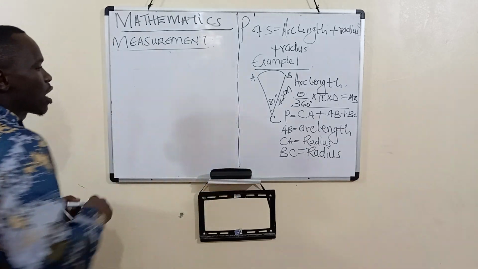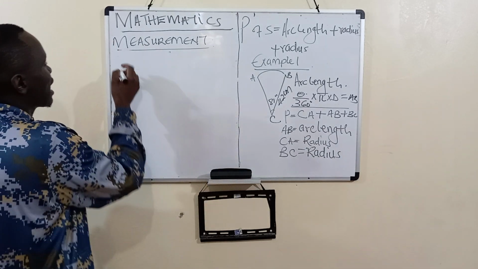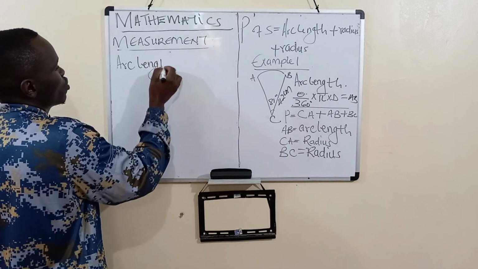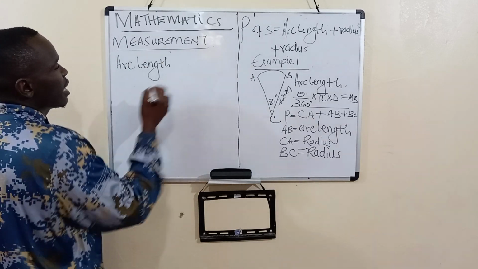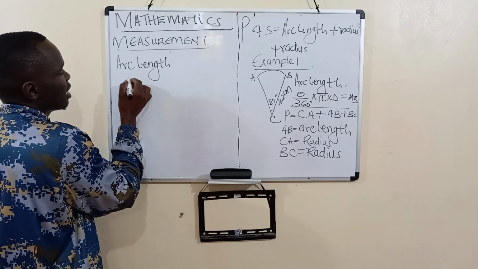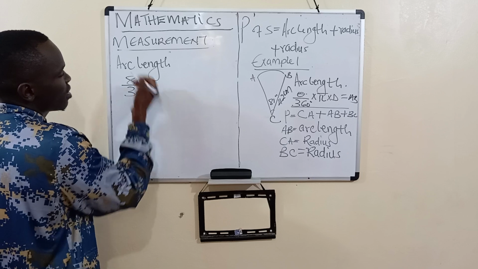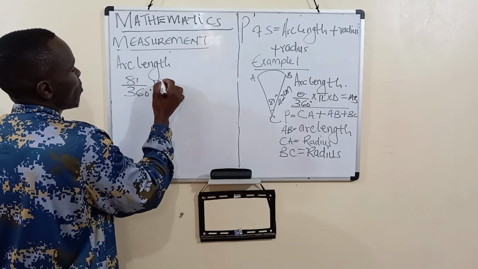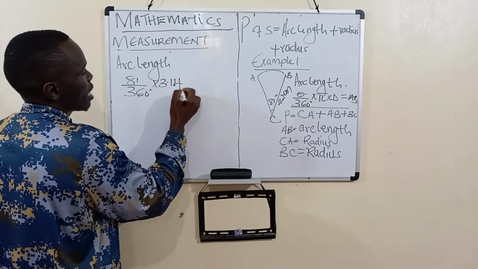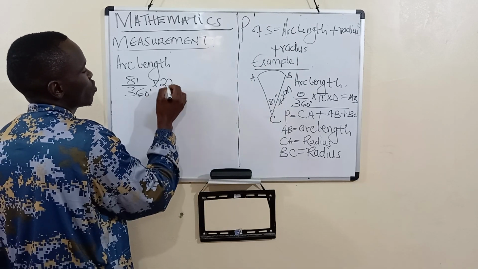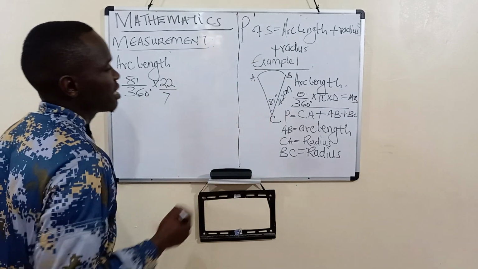We are going to have to get the arc length first. The arc length, in this case, theta over 360 will be given by 81 all over 360 degrees multiplied by pi, and let me use 22 over 7 because we have a number that can be divided easily by 7.